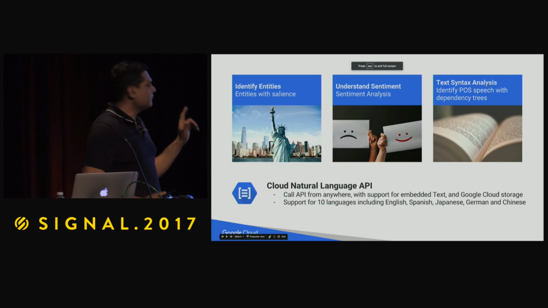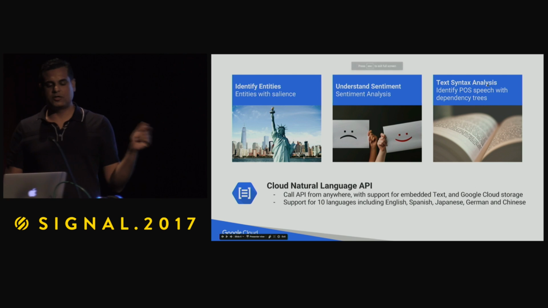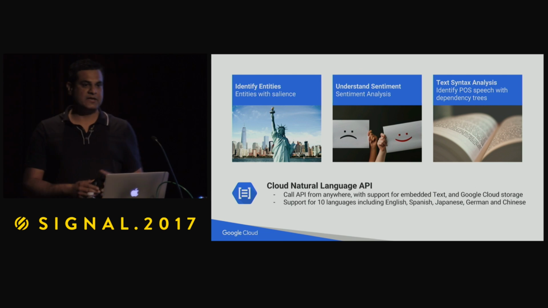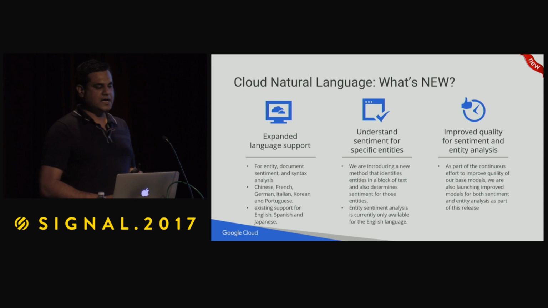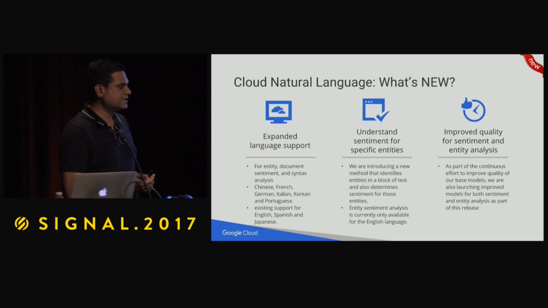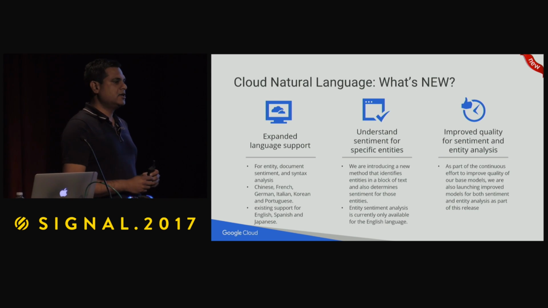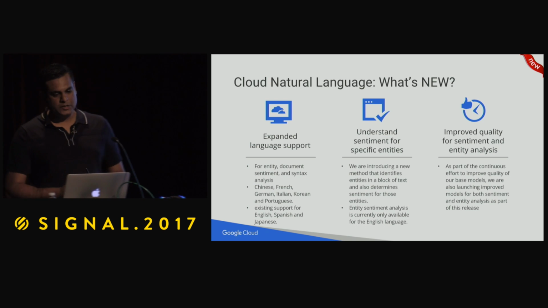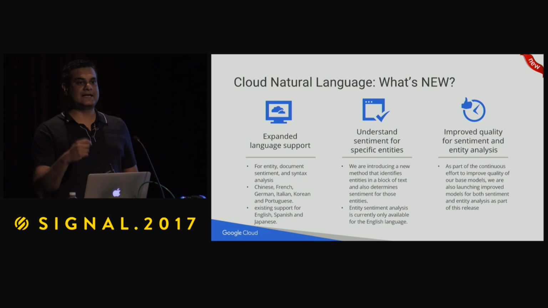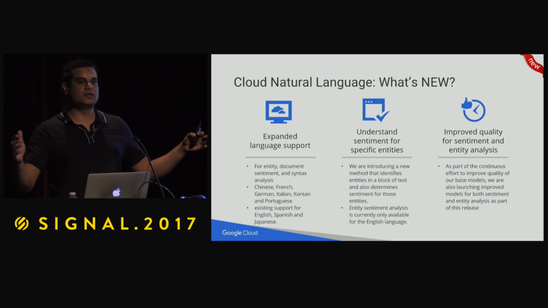So, a few quick things. It is not only available in English, but we have support for 10 languages, and we keep on improving it. So we recently expanded the languages that we support. We are also introducing sentiment at a per entity level rather than a whole document.